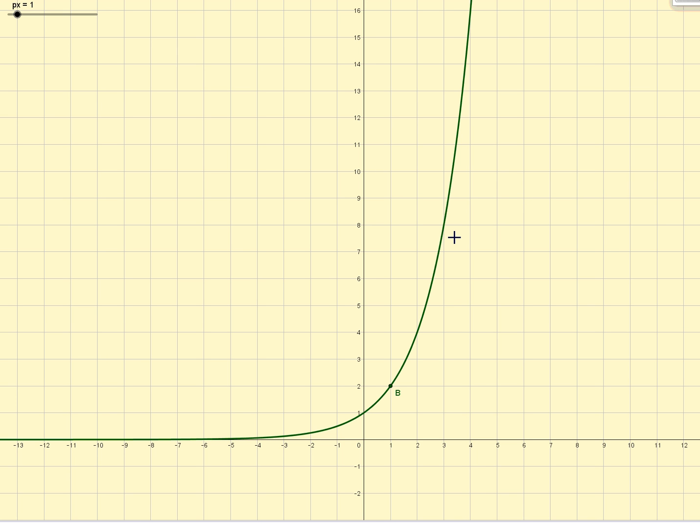We can have a look at what the gradient is at this point. Let's do that. We find here the gradient of the tangent to the curve at that point, that's our little triangle there, is 1.39. So the gradient is under the value of y, isn't it?